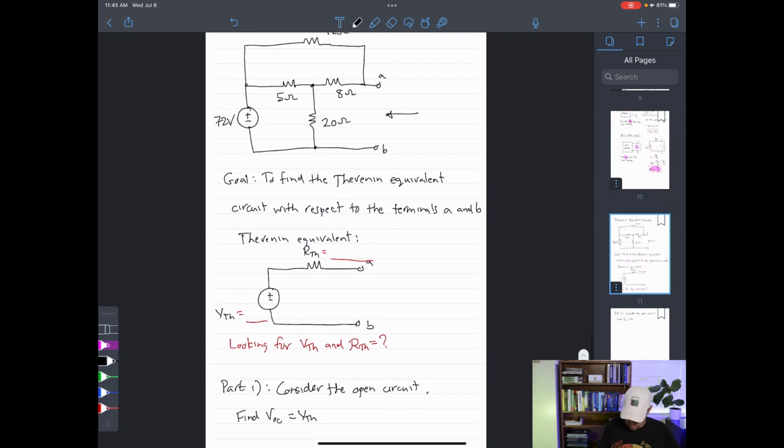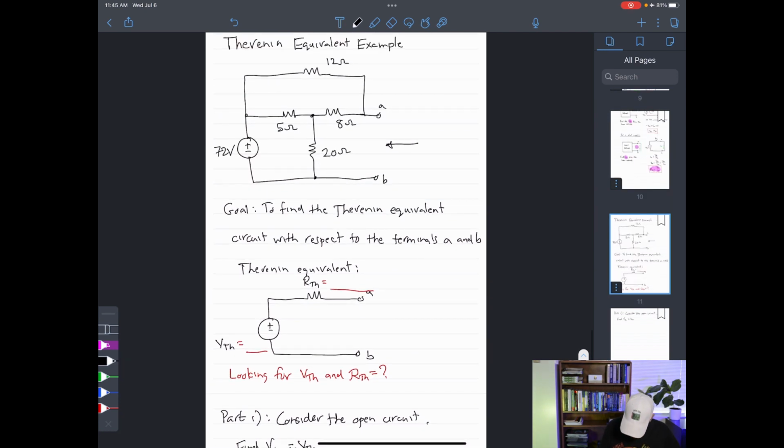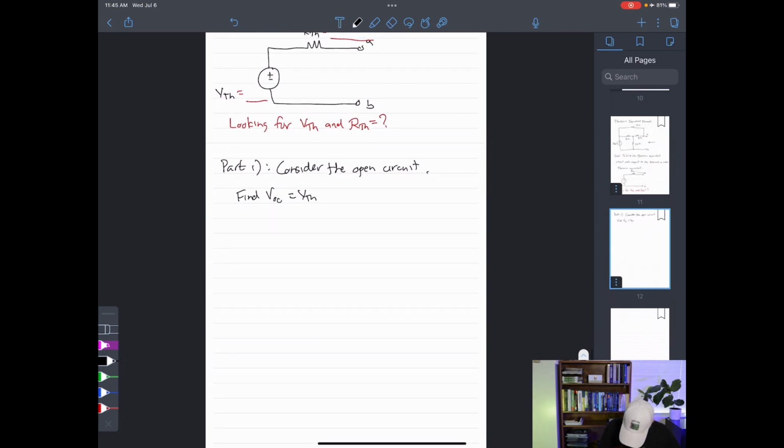So I'm going to recopy this entire circuit. So here I have my 72 volt source. I have the same network of resistors in the same spot. So here they all are. I still have my terminal A and my terminal B, like so, and these have the same value.